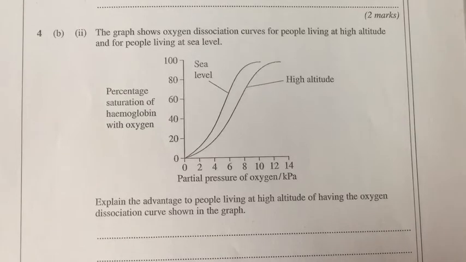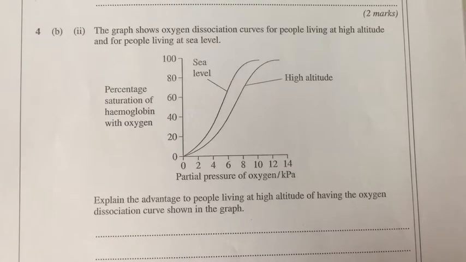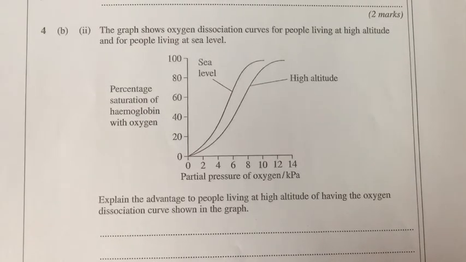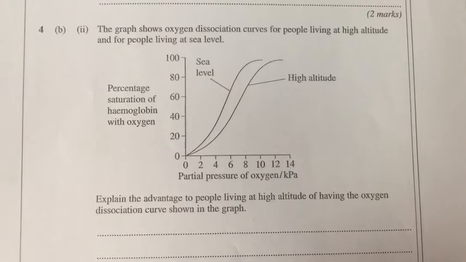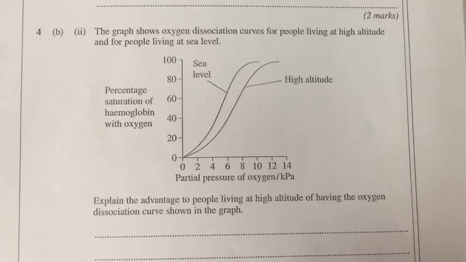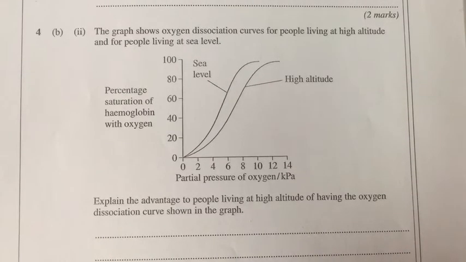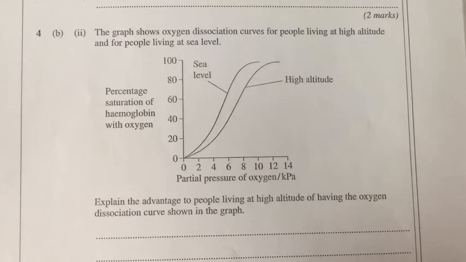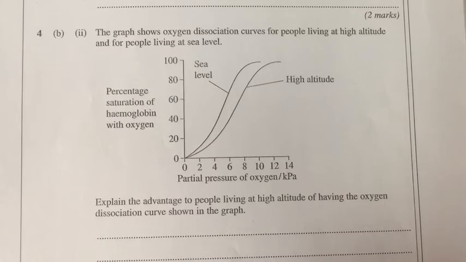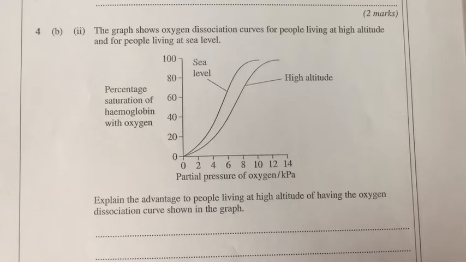The next question says the graph shows oxygen dissociation curves for people living at high altitude and for people living at sea level. And we can see that living at high altitude from the graph has a similar effect of having a high carbon dioxide level. It makes it harder for the oxygen to bind to the haemoglobin, which means it's lowered its affinity for it.